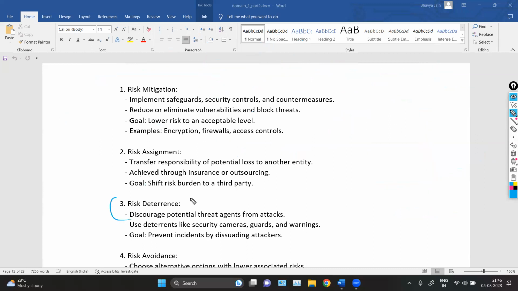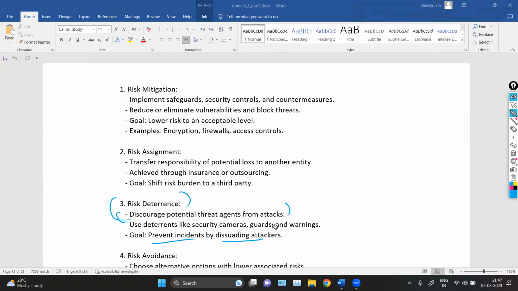Then we have risk deterrence, which is like discouraging potential threats from attacks. So it is like preventing an incident by dissuading attackers. We are taking prevention steps for reducing the risk.